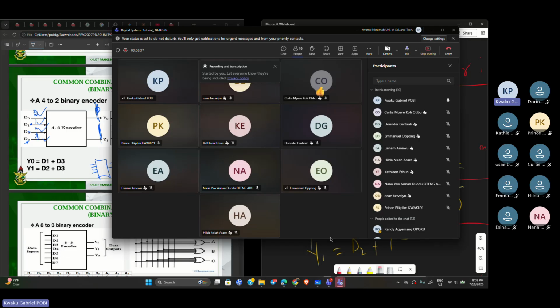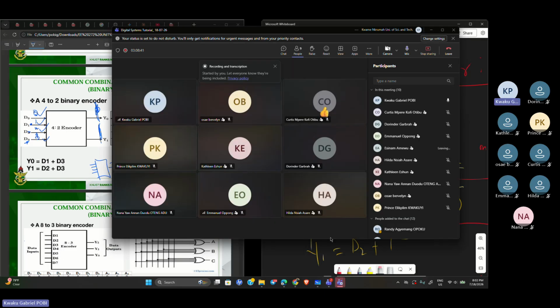Yeah. So actually, you can use the same analogy we've used for the 4x2 encoder for the rest of them. You can go through it religiously. You just know that if you have 8 bits, it's going to be 0 all the way to 7. And then you are going to use 3 outputs for it, right? 8x3.